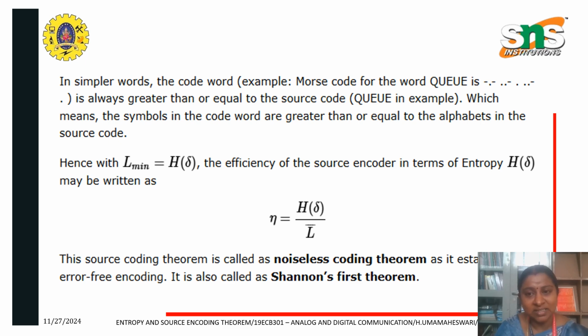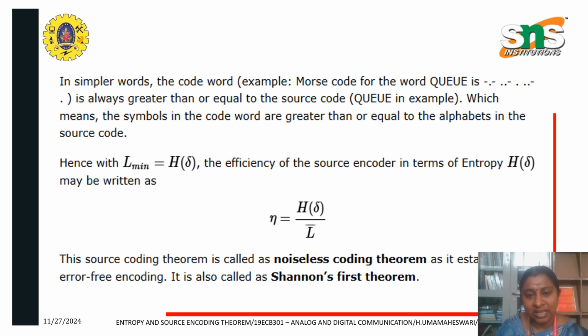In simpler words, the code word length is always greater than or equal to the source length, which means the symbols in the code word are greater than or equal to the alphabets in the source. Hence L minimum equals H(δ), and the efficiency of the source encoder in terms of entropy may be written as efficiency equals H(δ) divided by L bar.